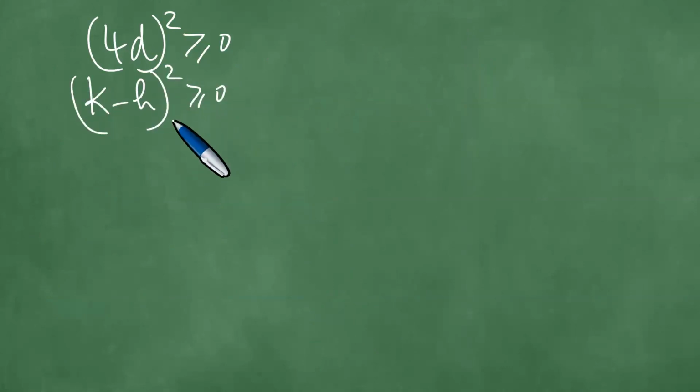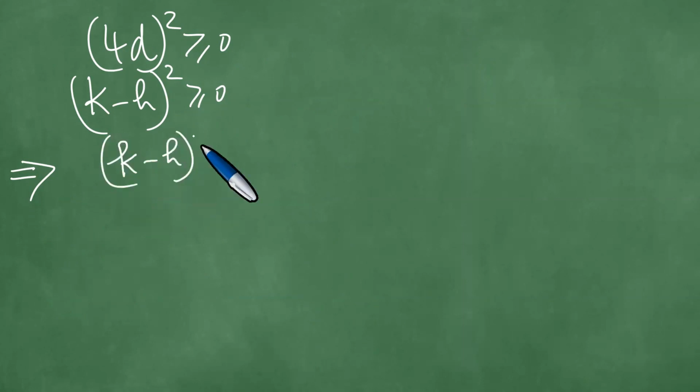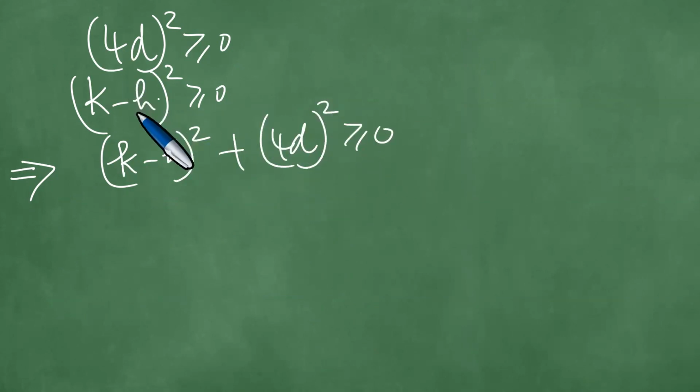Now you can add these things up. K minus h squared plus 4d squared is greater or equal to 0. If you add these two things up, you have greater or equal to 0, because the square of a real number is greater or equal to 0.